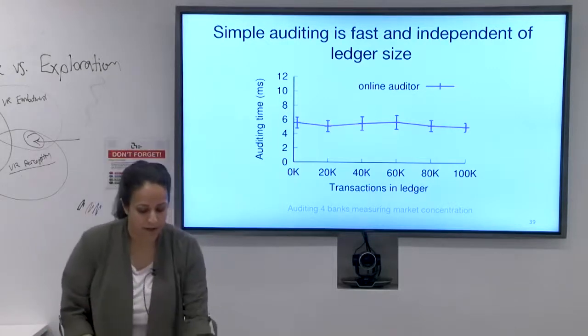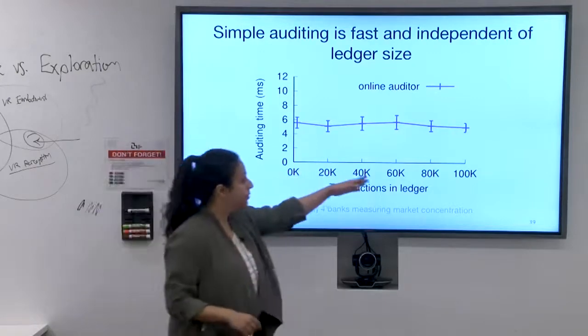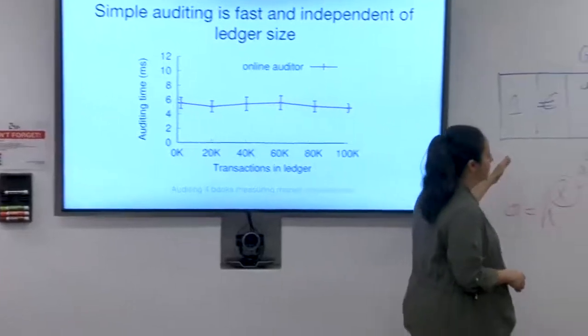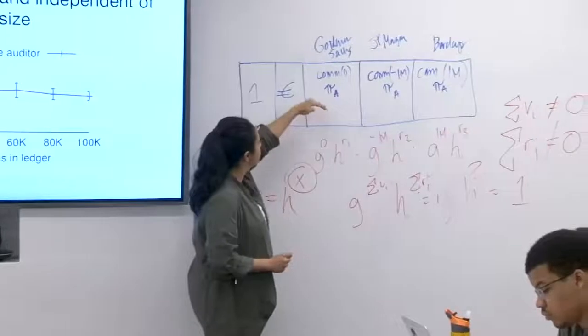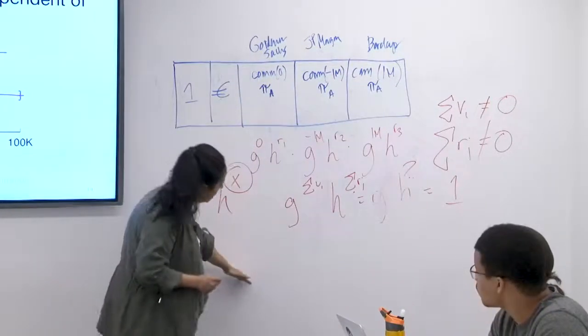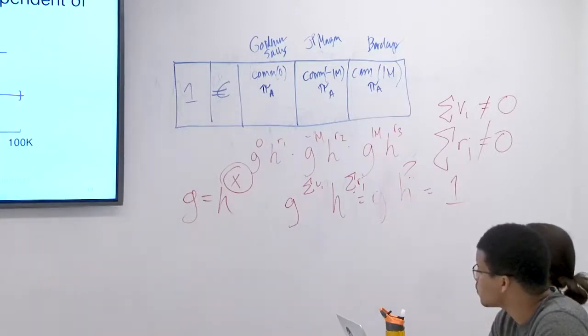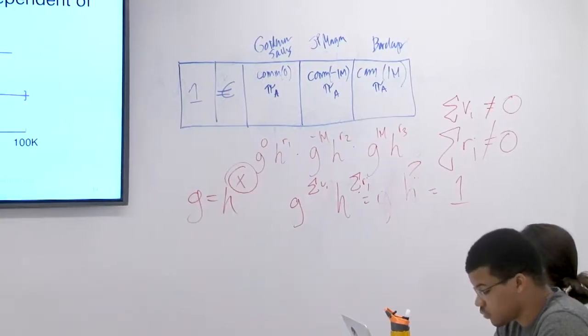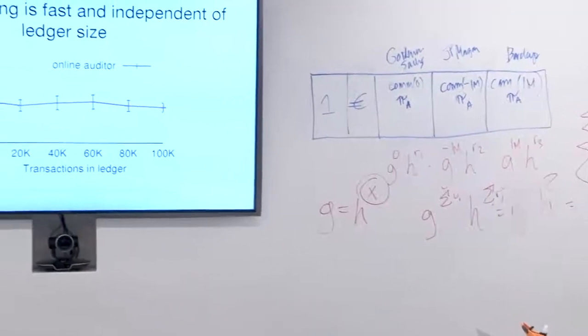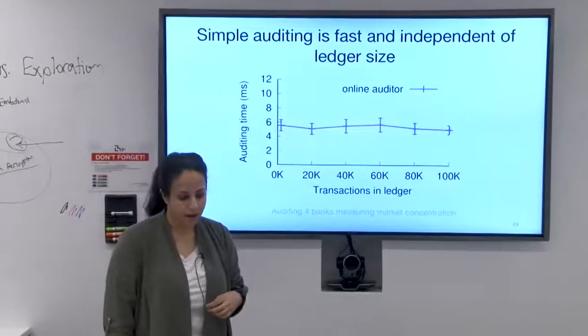Because of the design of our system and the fact that we're using these Pedersen commitments, we can maintain rolling sums of these commitments and use them when needing to answer the auditor or confirm that a bank has the correct answer. And so this means that auditing 4 banks is a few milliseconds.